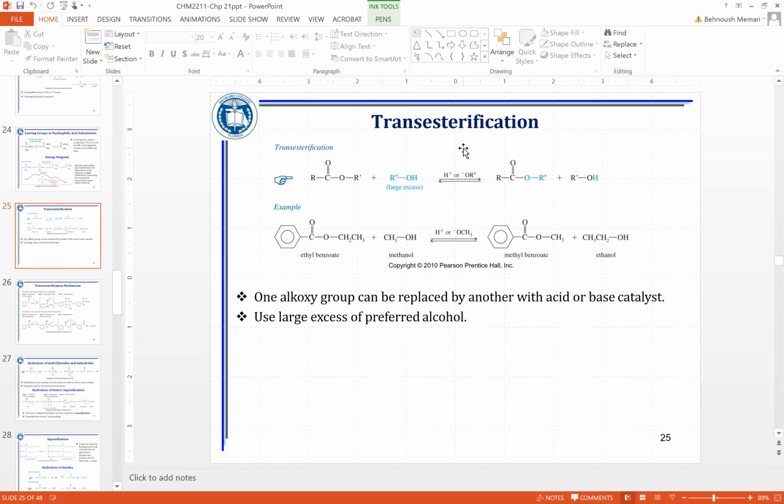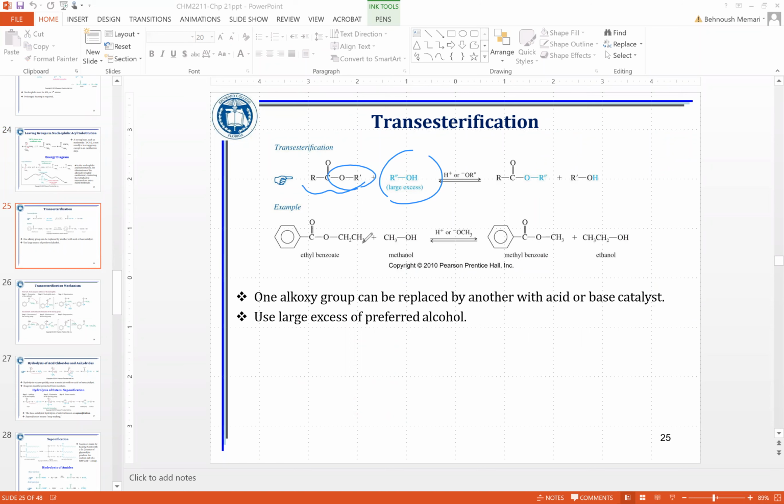What is trans-esterification? In trans-esterification, you start with an ester, and you add alcohol. A large excess of this alcohol is going to replace the OR group. So you basically change the size of the alkyl group.